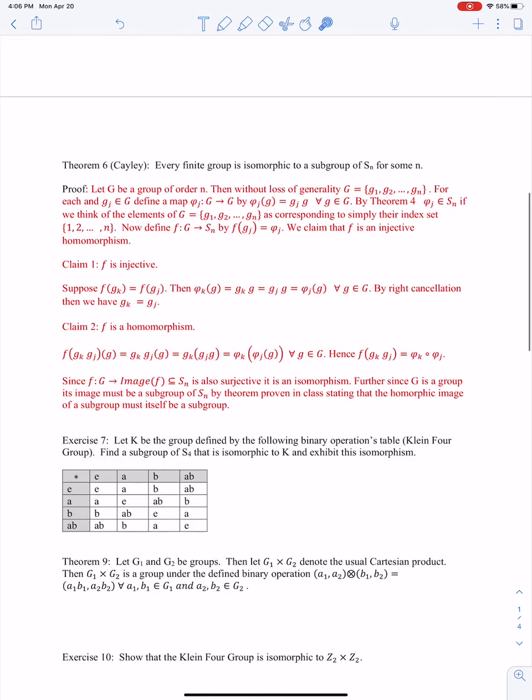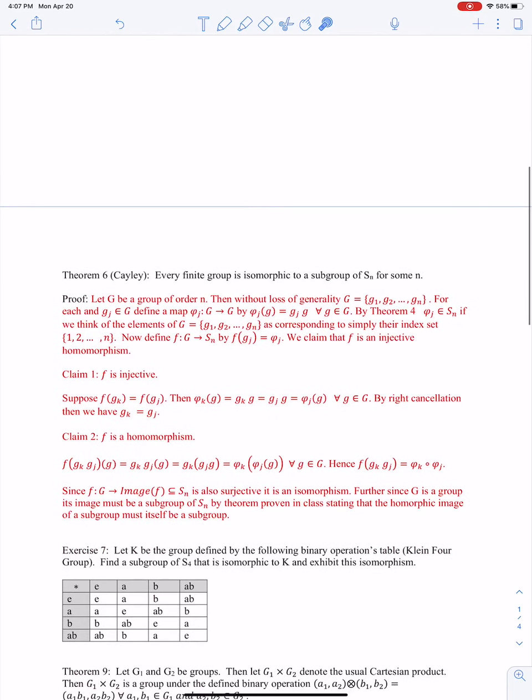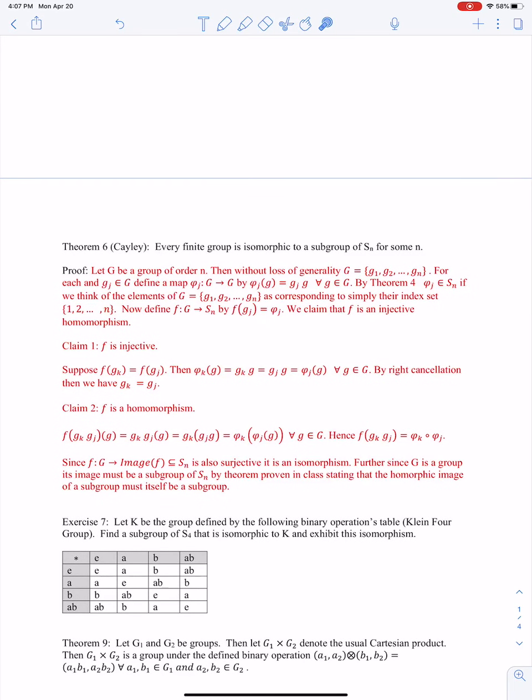Now, by theorem 4, which I've asked you to prove, this map is a permutation. So each of these maps, phi_j, which depends on g_j, is a permutation. What's S_n, by the way?